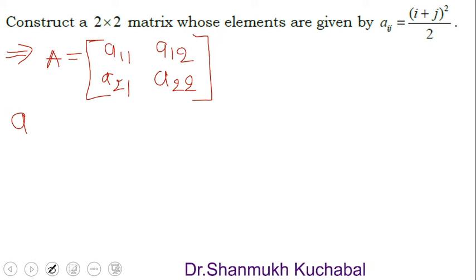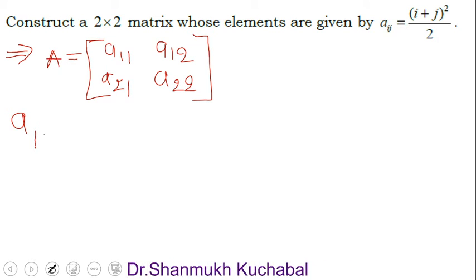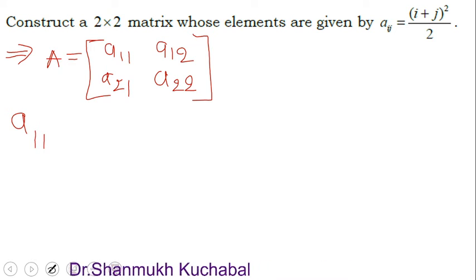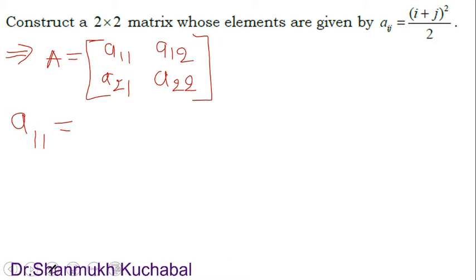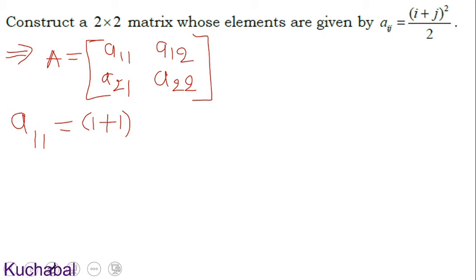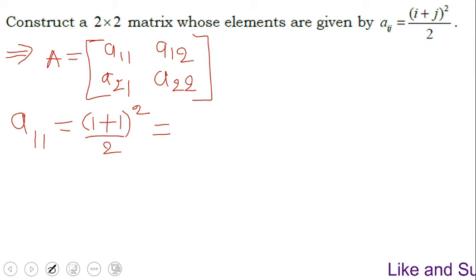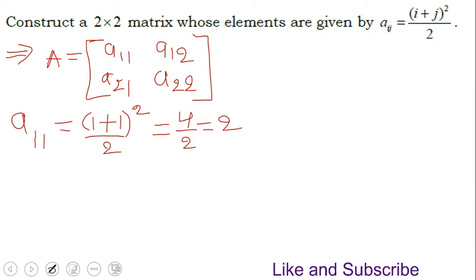I take i equal to 1, j equal to 1 in the first case. So I get (1 plus 1) square divided by 2. 1 plus 1 is 2, 2 square is 4, divided by 2, I get the answer 2.